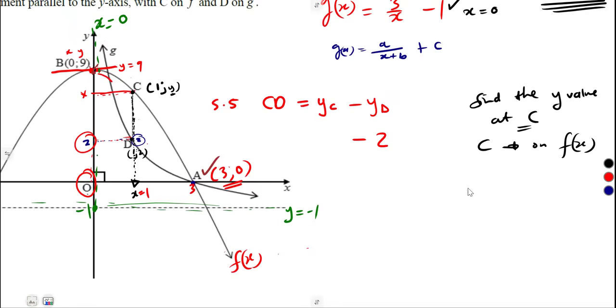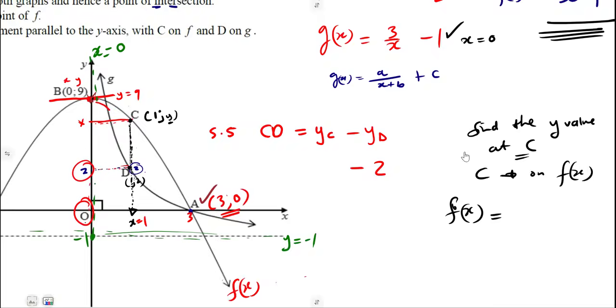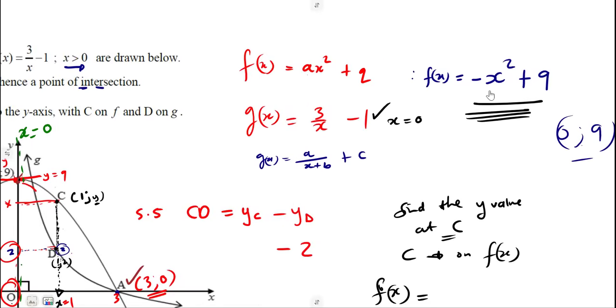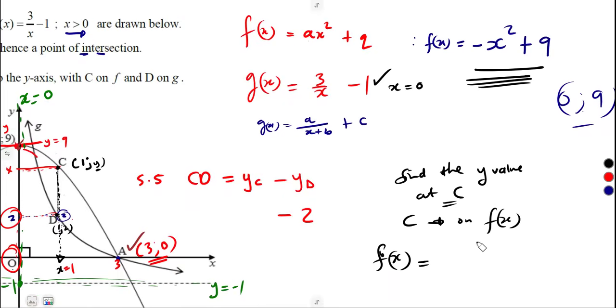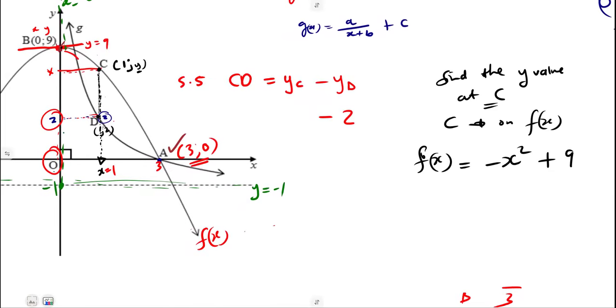So we're going to use f(x). Remember, f(x) is equal to, from what we substituted for a and q, we ended up with minus x squared plus 9. So from that minus x squared plus 9, let us substitute, because we now know for sure that where C is situated, x there is what?